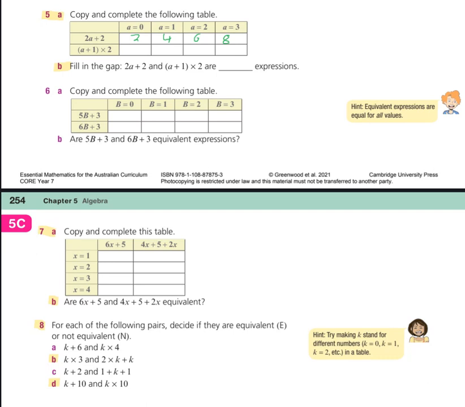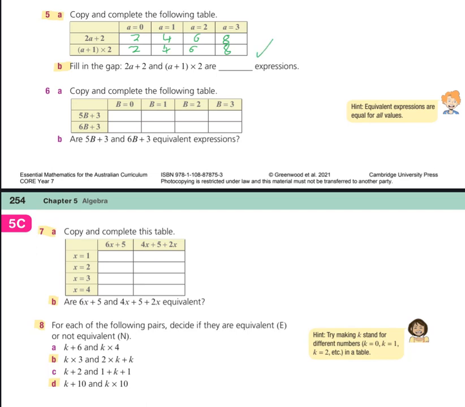So 0 plus 1 is 1 times 2 is 2. 2, 4, 6, 8. And they are equivalent expressions because they're the same in every column, which means both of these values are the same. So yes, they are the same.